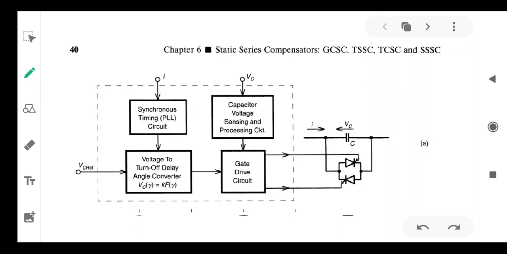GCSC is used to inject voltage harmonics into the system.